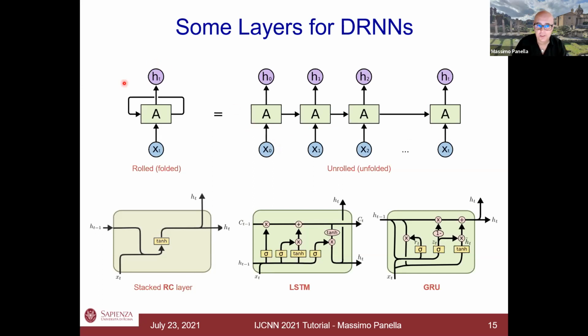But actually, the architecture is a rolled dynamical architecture, like so far, of course with a delay in such a way that the algorithm is computable. The most popular layers are long short-term memory layers and gated recurrent unit layers.